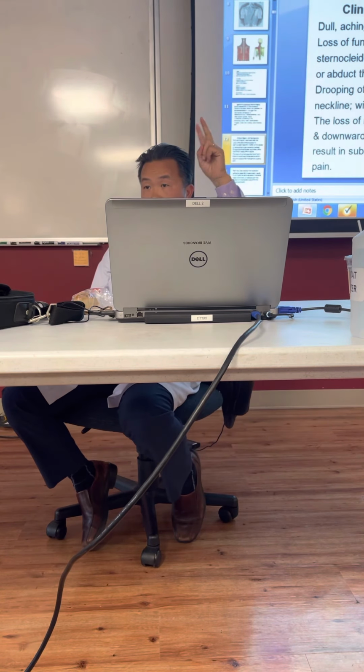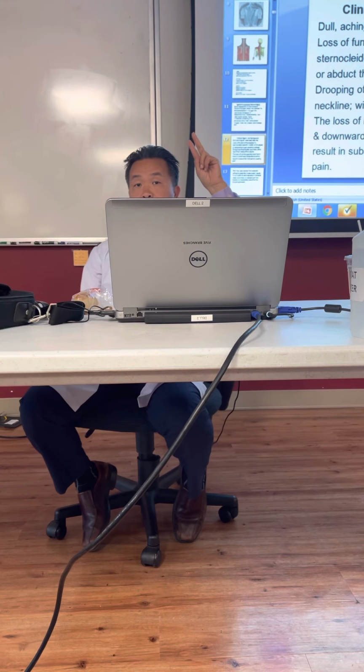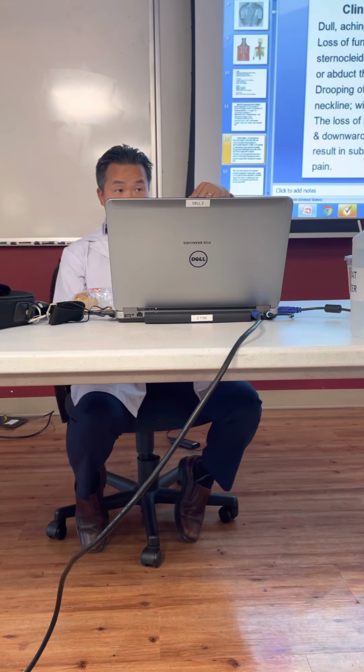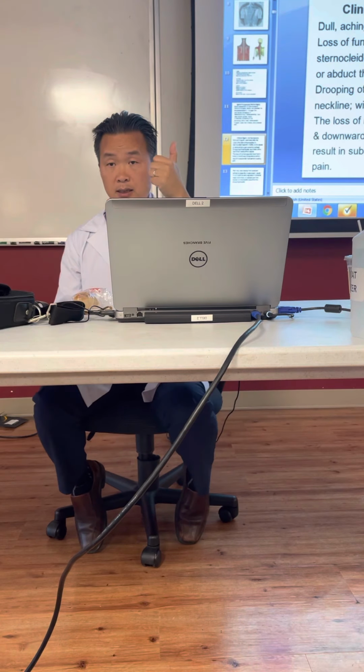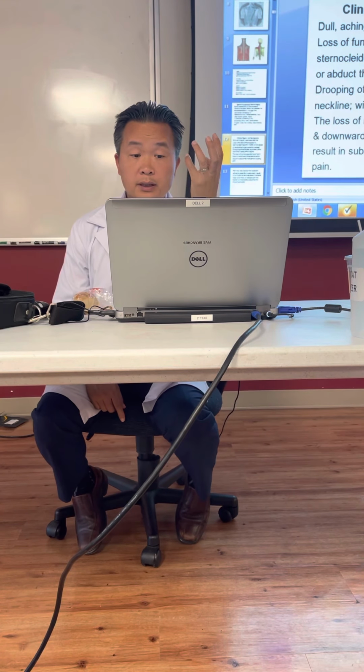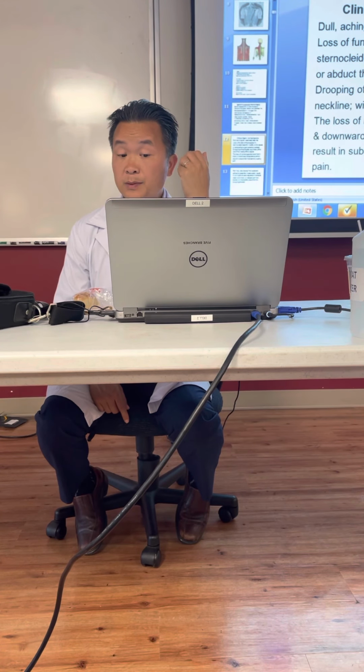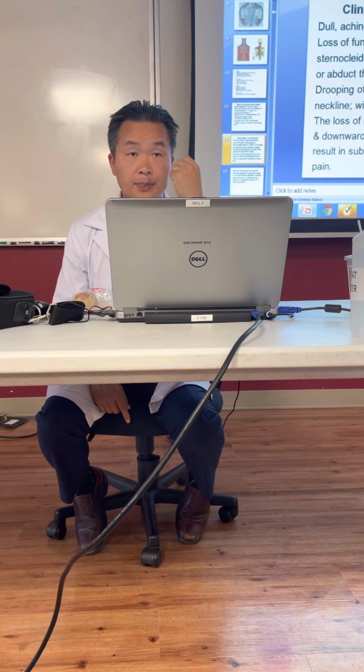So what is impingement syndrome of the shoulder? It can be caused first by a bone spur on the acromion process that compresses on the rotator cuff tendons. Second, it can be caused by swelling of the subacromial bursa. That also can cause impingement syndrome.